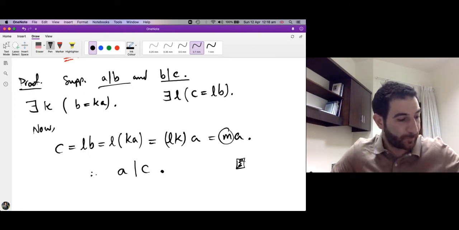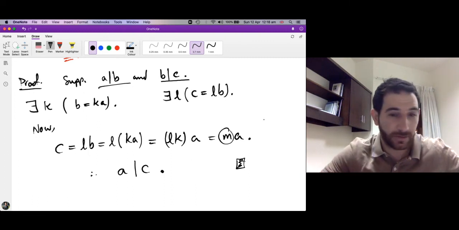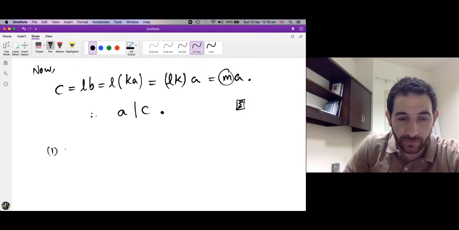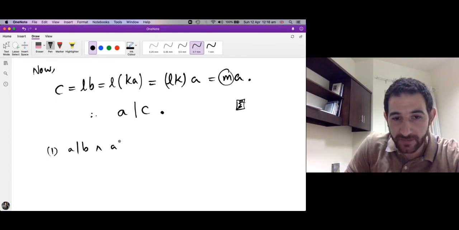So this finishes this property. Before I stop, let me just remind you quickly what we proved. First, that if A divides B and A divides C, then A divides the sum.